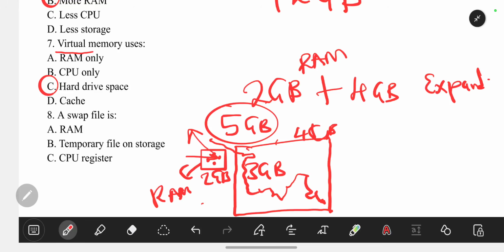When we look at number 8, a swapping file is a temporarily stored file. A swapping file is sometimes called a paging file. This is an example of an application of the virtual RAM. It is a temporary file on a storage.